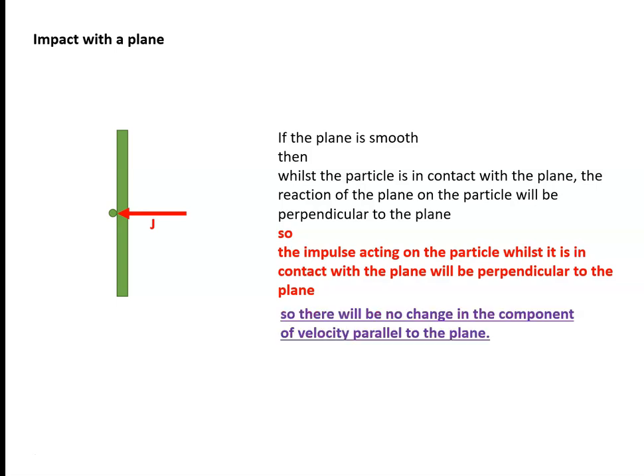So that means that there is no impulse acting parallel to the plane, which means that there will be no change in the momentum, and hence no change in the velocity of the particle parallel to the plane.